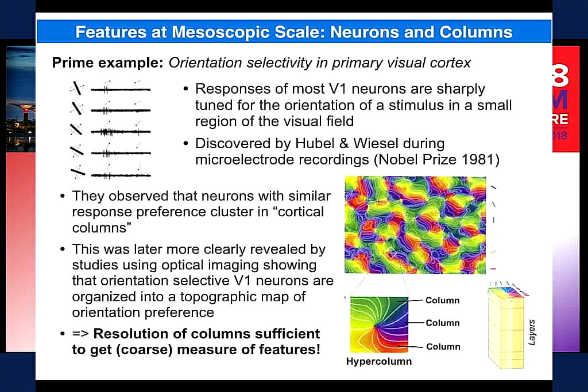So you see that we get beautiful maps with these so-called pinwheel structures, around which we get all orientations, forming a so-called hypercolumn, which is responsible for all the orientation features of one particular position in visual space, a tiny area in visual space. And the next hypercolumn with all orientations, and the next, they all cover what we see in retinotopy, but we now have the high resolution to see, inside each point of a retinotopic map, what the features are.